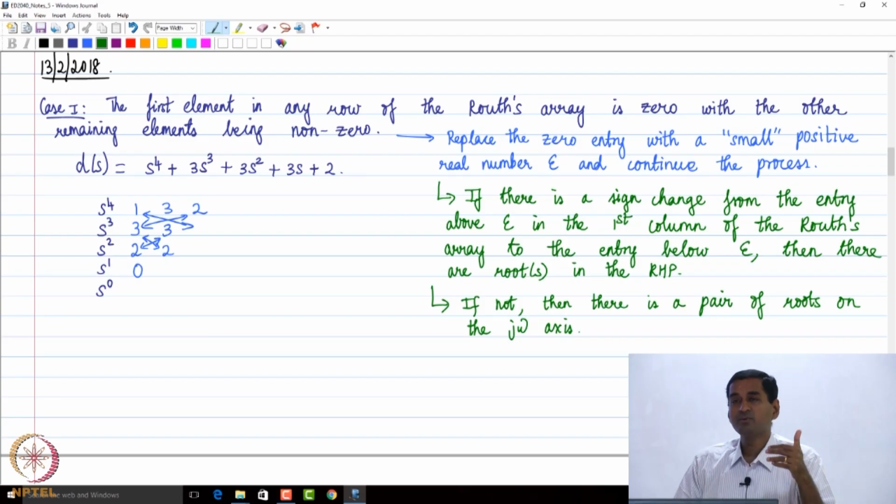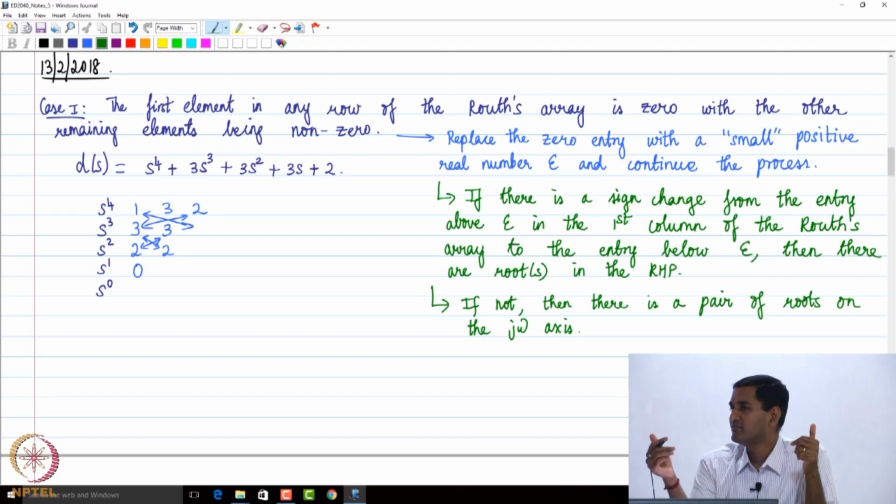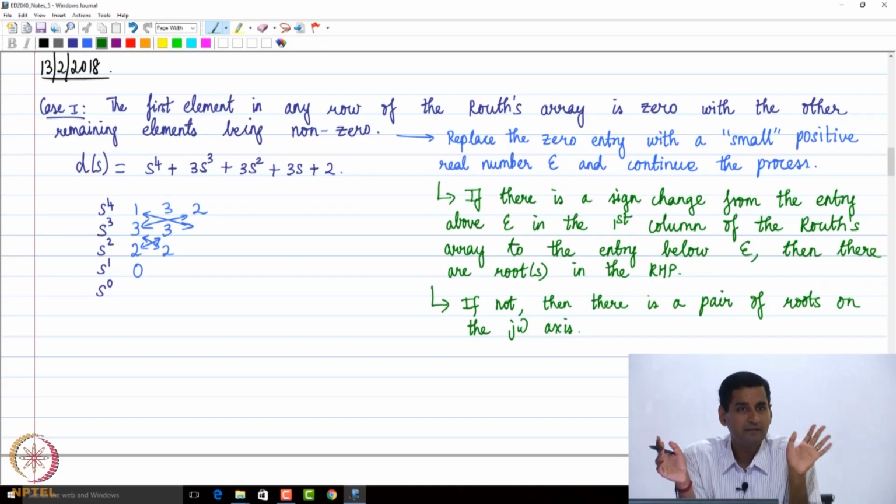Let me repeat what we are doing as a first special case. Let's say you construct the Routh's array, and at some point you come to a scenario where the first element in any row happens to be 0, with at least one of the other elements being non-zero. Then you replace that 0, the first entry in that row, with a small number epsilon.